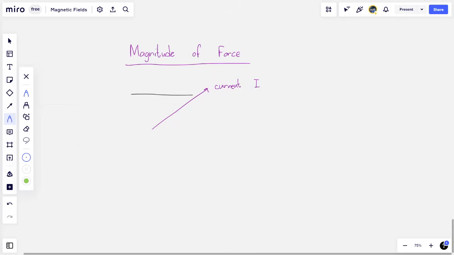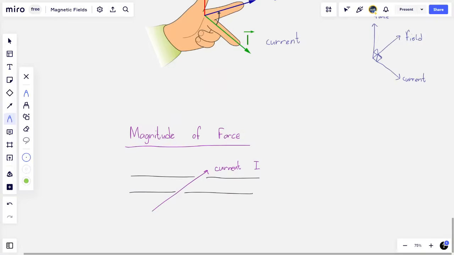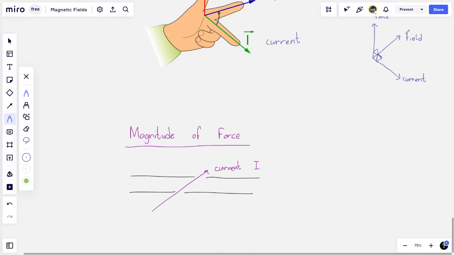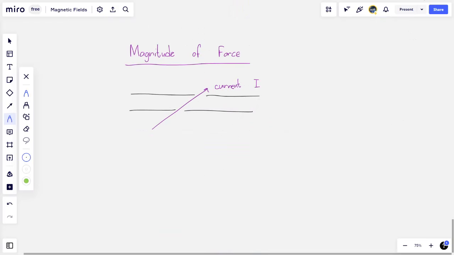Now we're not going to assume that the current and the field are at right angles. Okay. So it's possible that the current and the field are not at right angles. It could be that the current is at some angle to the field. Then the left-hand rule becomes a little bit more difficult to use.